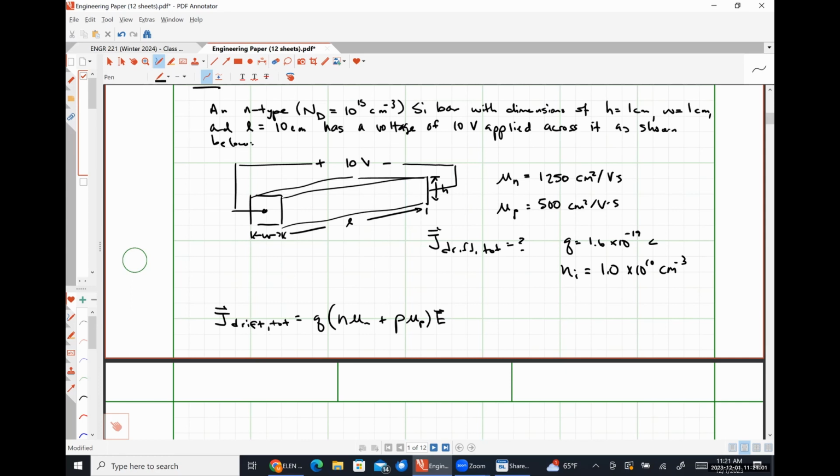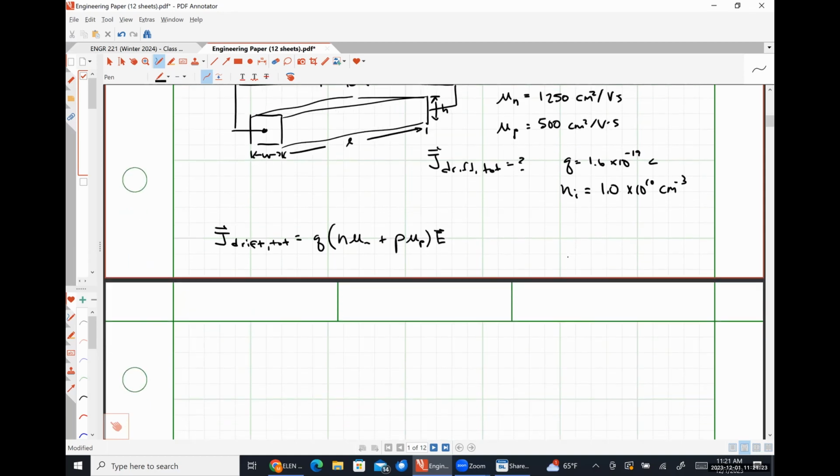What was that? So E is measured in volts per centimeter, sure. So what would I do to find E? Yeah, so the 10 volts divided by the length of the bar is going to give me my electric field strength across the bar. Absolutely.